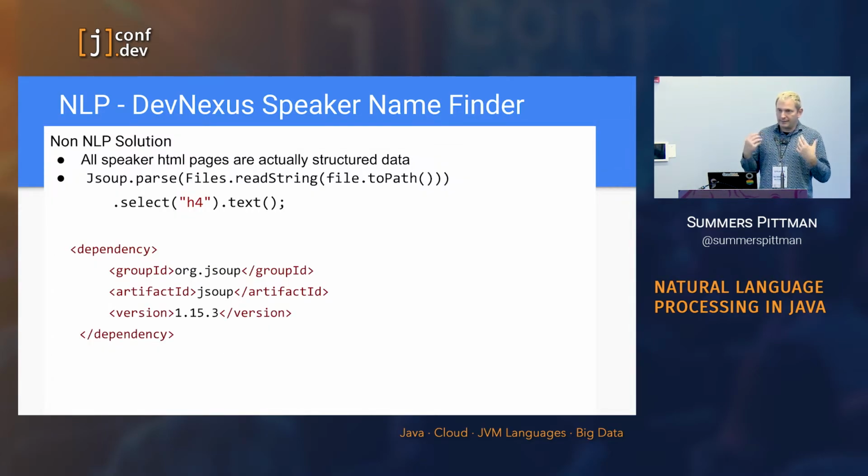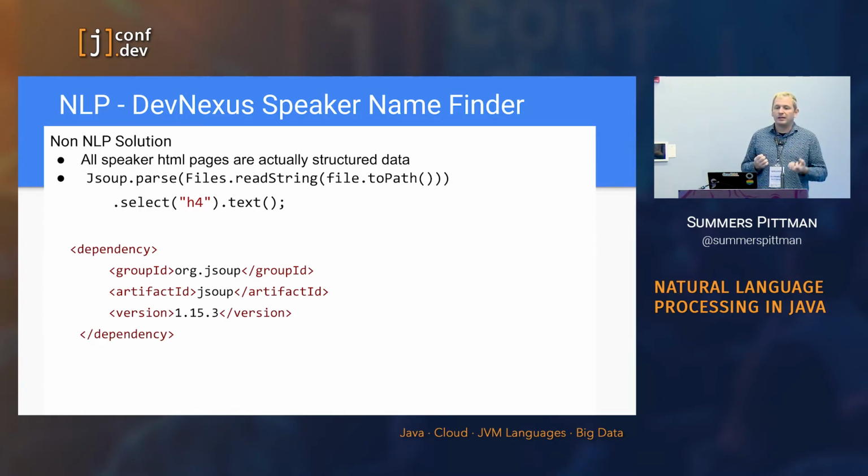So I said in a moment that we don't actually need natural language processing for it. HTML data, which is how this data is stored, is actually a type of data called structured data, which means that it has markup tags, it has commands for an HTML processor, i.e. a web browser, on how to display it.